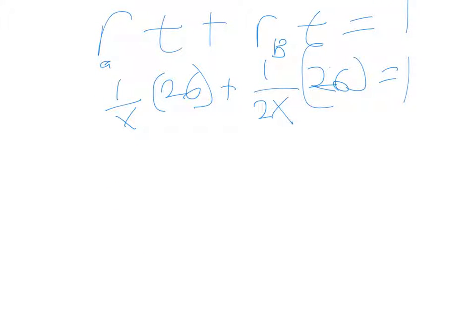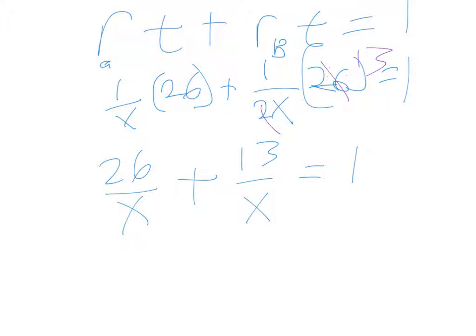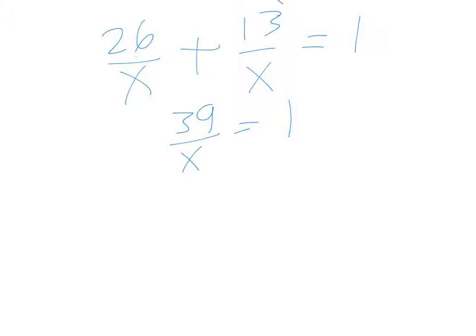So, if we simplify, that'd be 26 over x plus 26 over 2x. 2 goes into 26 13 times, so it'd be 13 over x plus 26 over x. So it'd be 39 over x, add the 26 and 13, equals 1. Now if you multiply both sides by x, those x's cancel out, so 39 is equal to x.